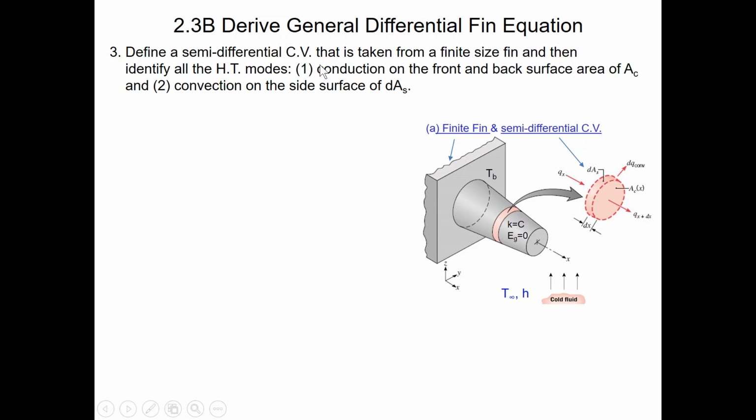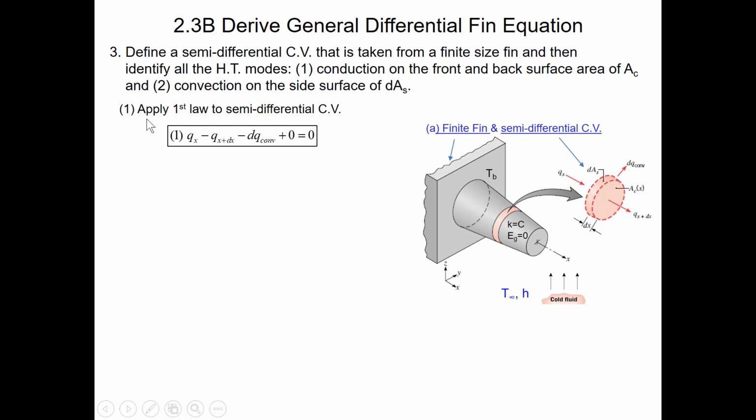First, we define a semi-differential control volume, which is taken from a finite size over the fin, and then identify all the heat transfer modes acting on it, which is conduction on the front and back surface area of A_C, and convection on the side surface area of dA_S.